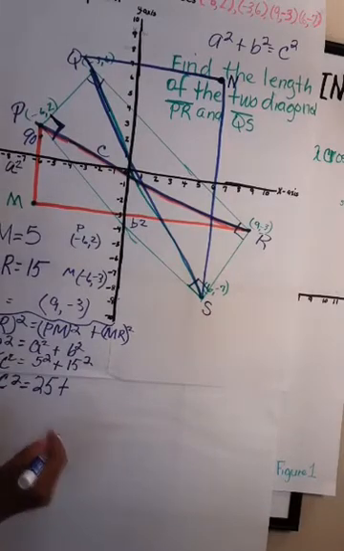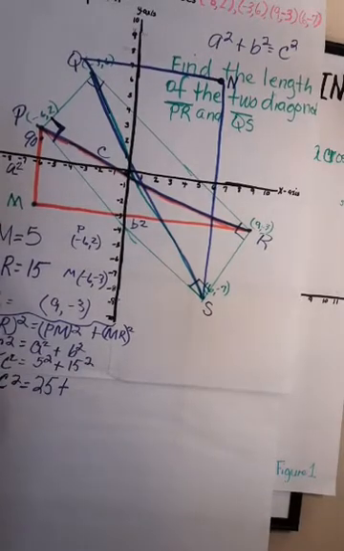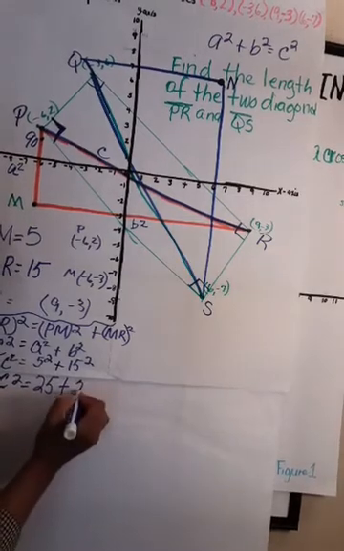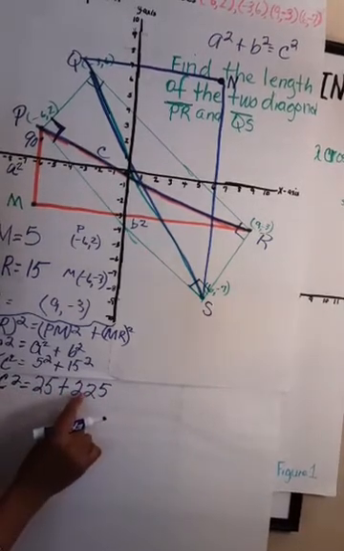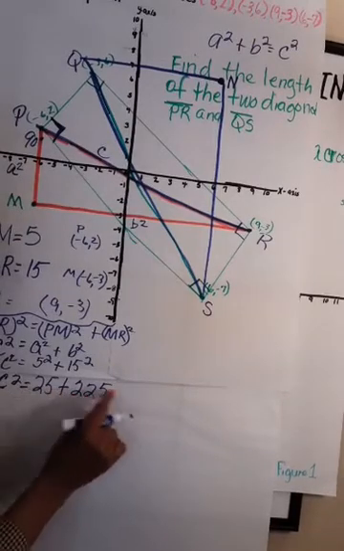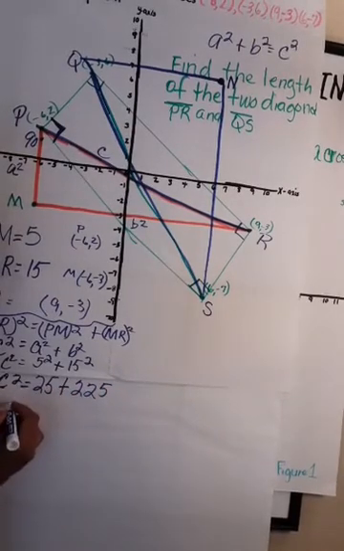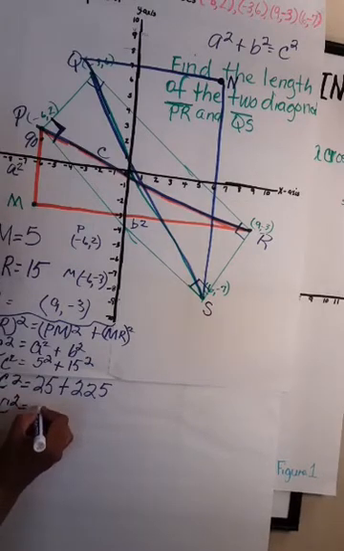How much is 15 times 15? 225. So C squared is equal to 25 plus 225. So now we know that C squared is equal to 250.